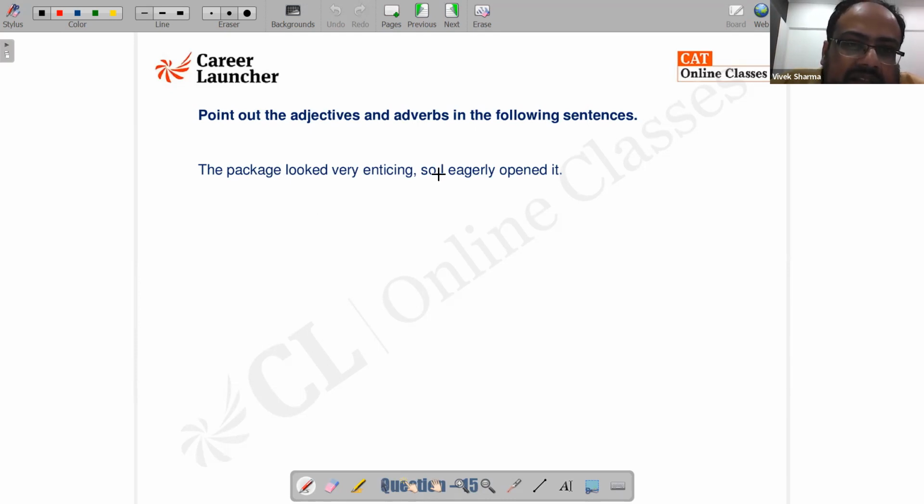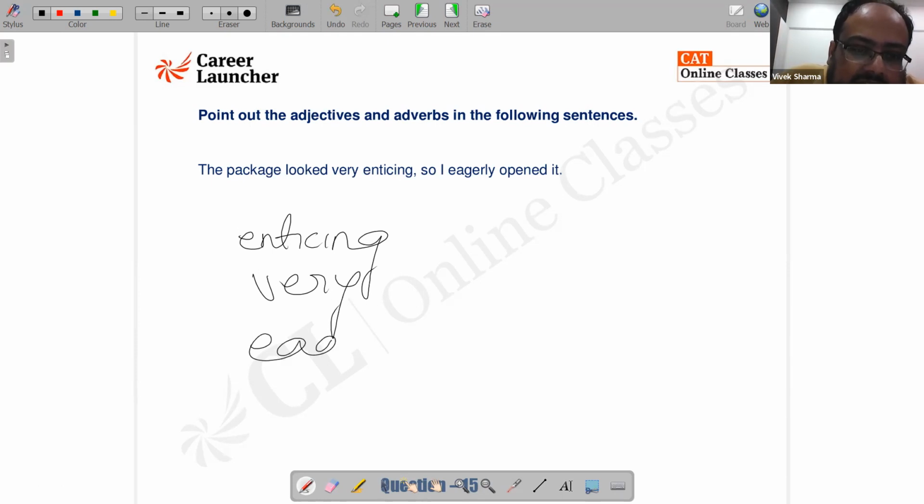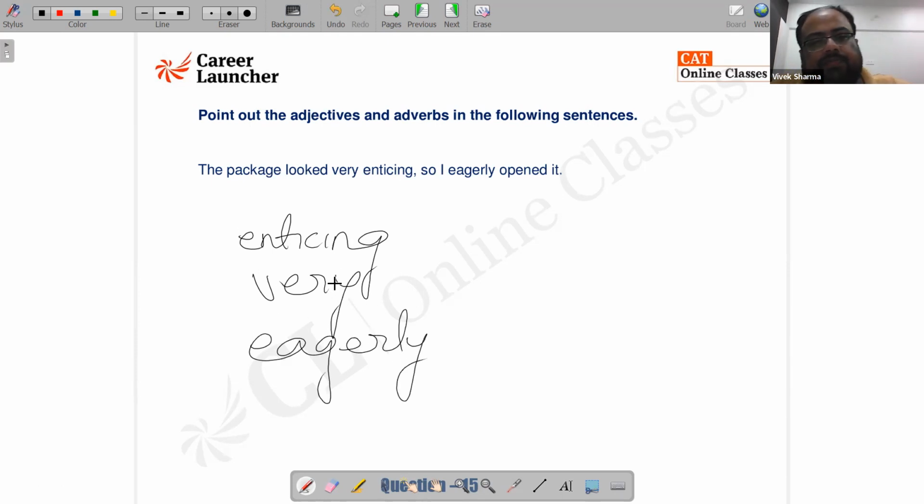Okay, let's see. The three modifiers here are enticing, very, and eagerly. These are the three modifiers. Enticing, very, and eagerly. Right? As per what is given over here, what was enticing?